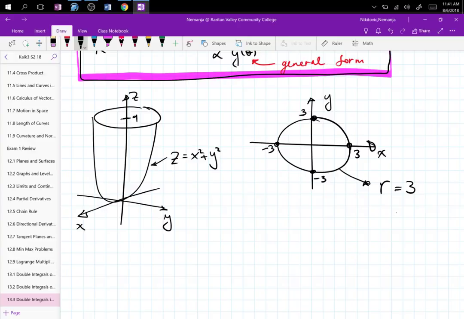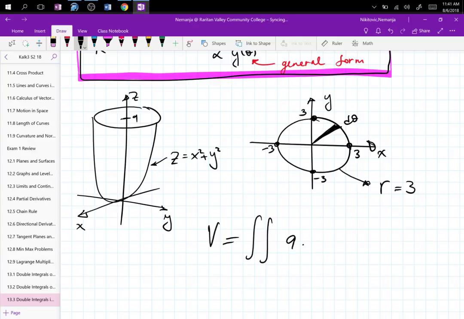That's our f of theta. Let's not use f of theta now. r equals 3. All right. I'm going to draw a representative pizza slice d theta. And now I'm going to set up my volume integral for this shape.